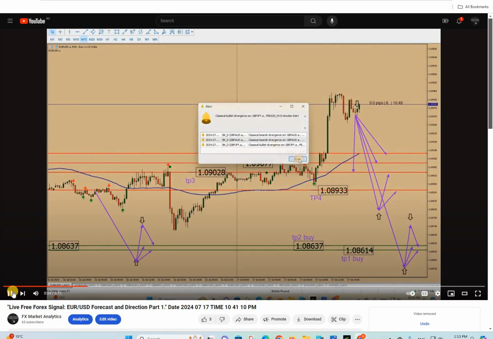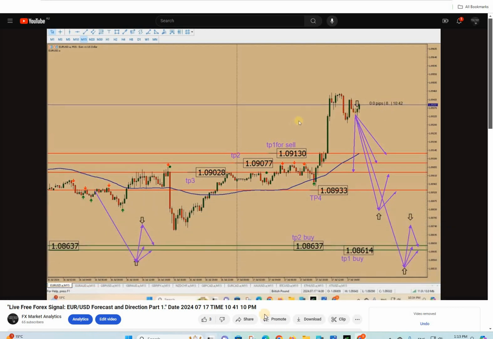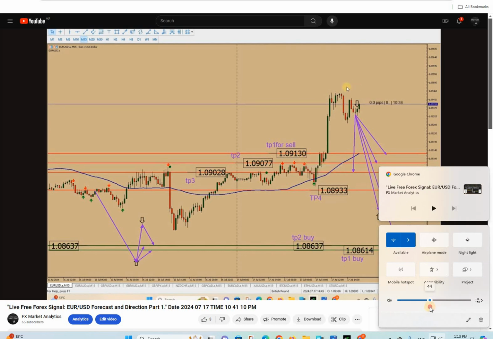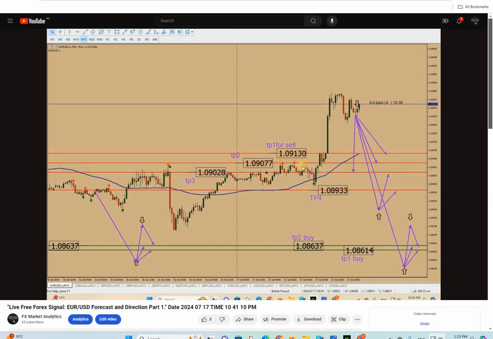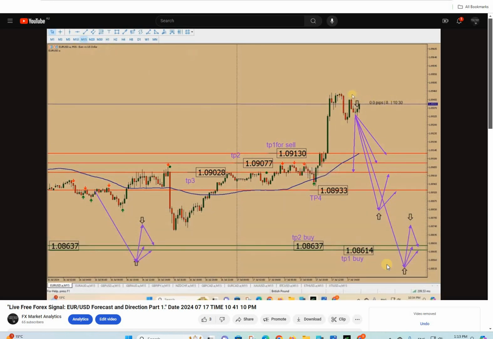So the price is here right now, as you can see, and we are actually waiting for the software to give us the signal to sell. When we're talking about a signal, I'm talking about this red arrow when it appears here, because we are in the 15 minutes time frame.